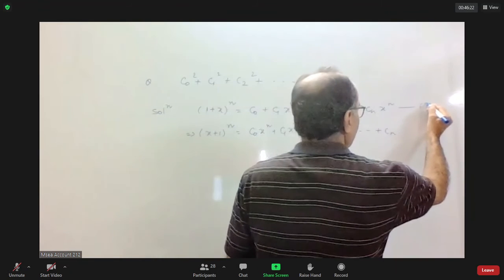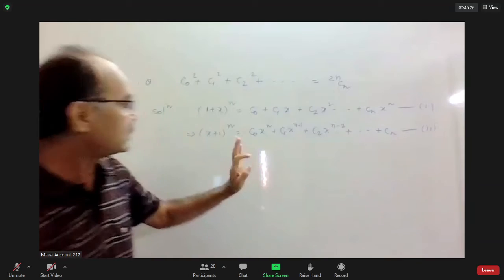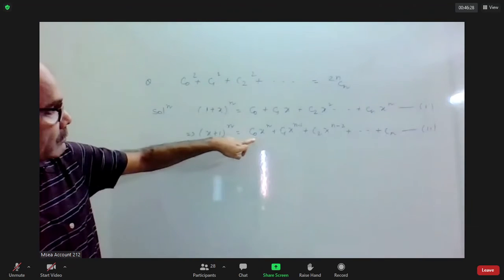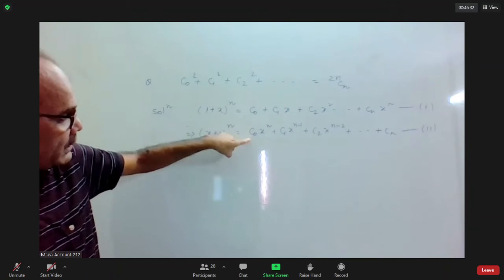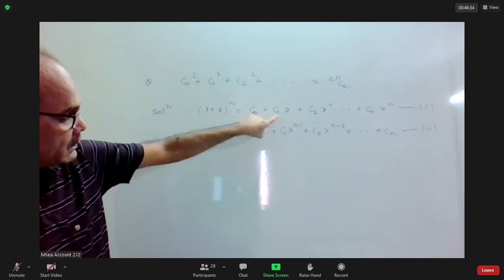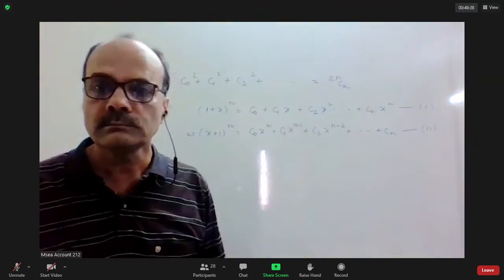Now if you multiply 1 and 2 and equate the coefficient of x to the power n, multiplying this and this, what will be the coefficient of x to the power n? C0 square plus C1 square plus C2 square and so on.